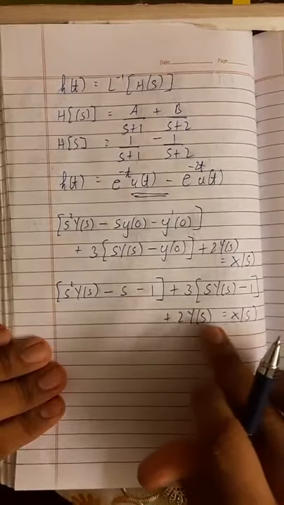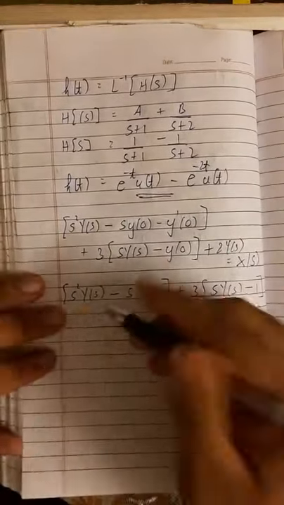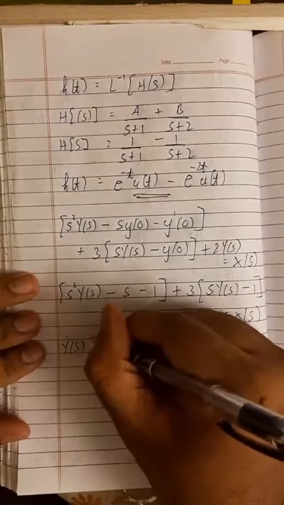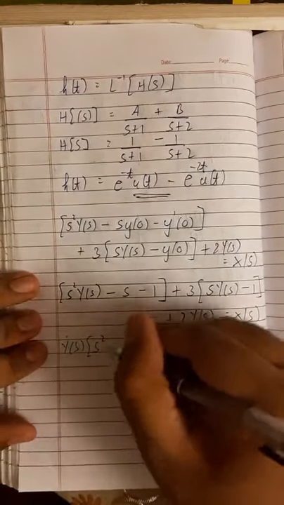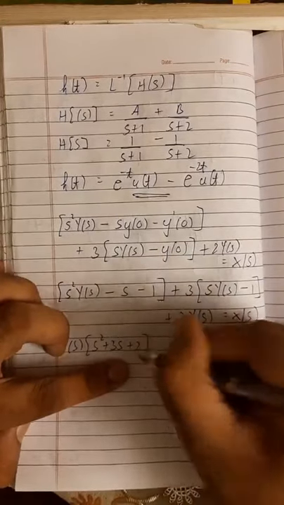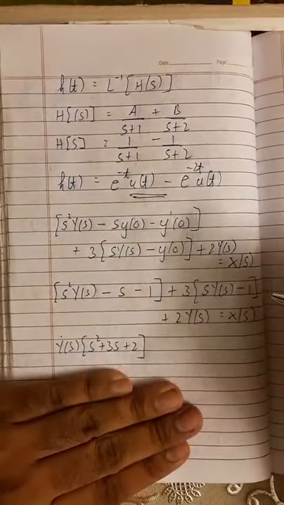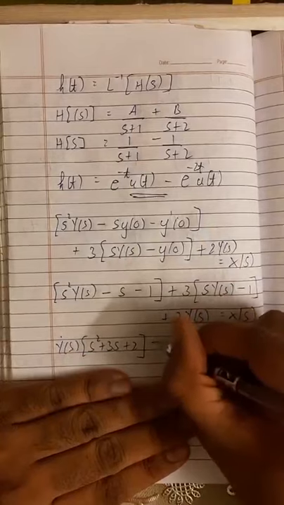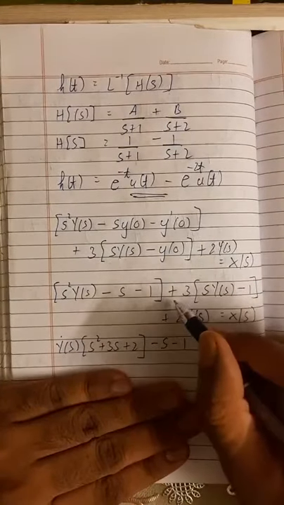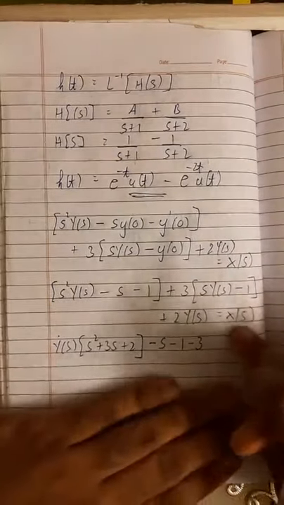So now I'm going to group all the Y(s) terms together. This will become Y(s)(s² + 3s + 2), and the remaining terms are -s - 1 and -3, equal to X(s). Am I correct?